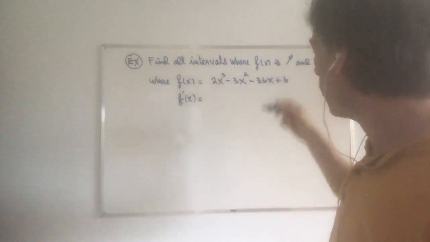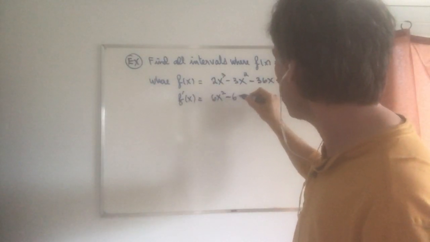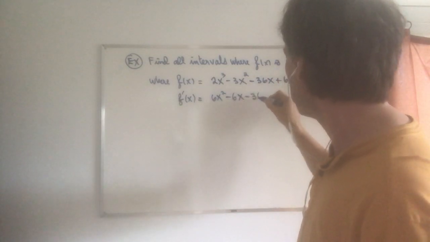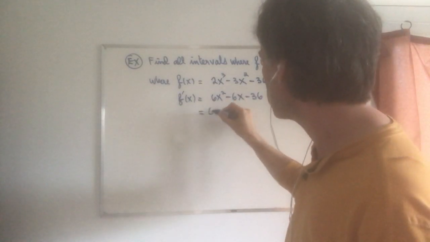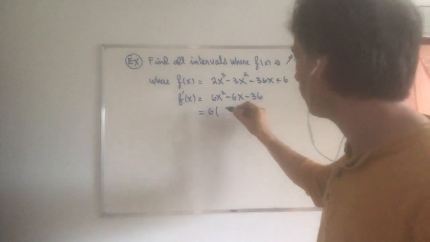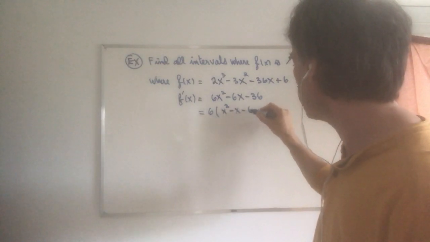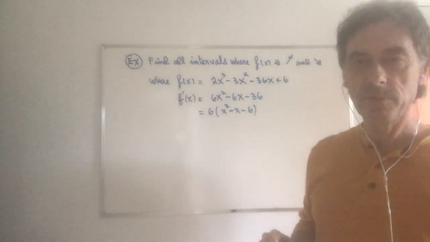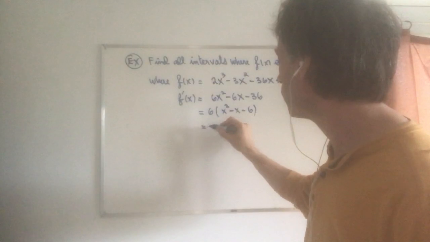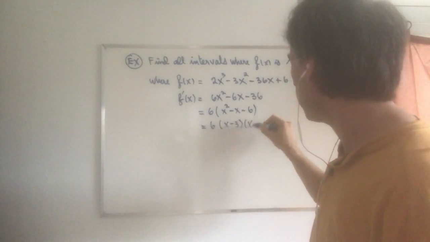Yeah, let's go quickly over this. This is 6x^2 minus 6x minus 36. Clearly, I can take out a 6: x^2 minus x minus 6. That can be factored into (x minus 3)(x plus 2).